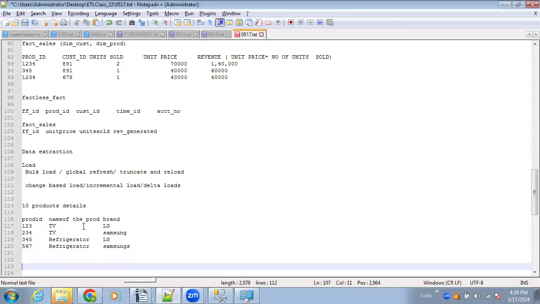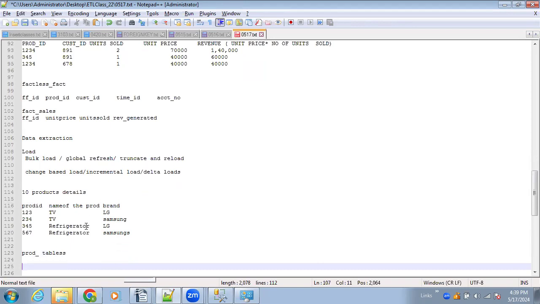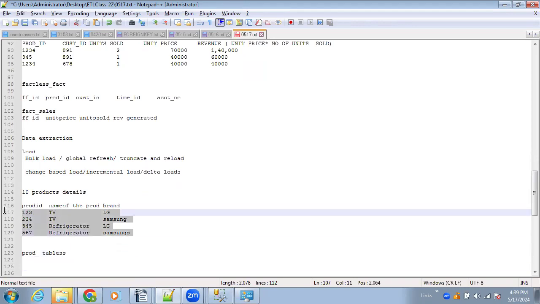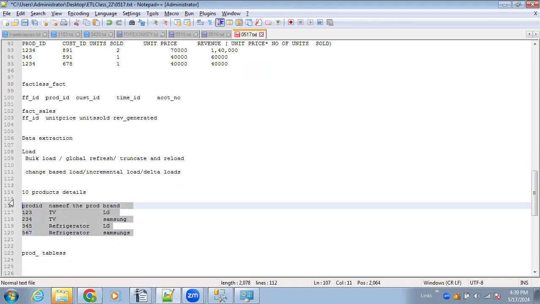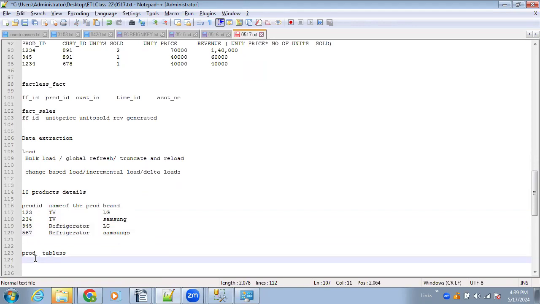This is the product details. This is already extracted. This came in the form of a file. The source system is a file. So using the jobs and all, this is already extracted and inserted into a product table. This information is available, and I stored it in the form of the product table. Extracted and loaded.